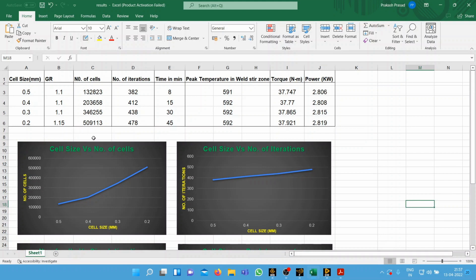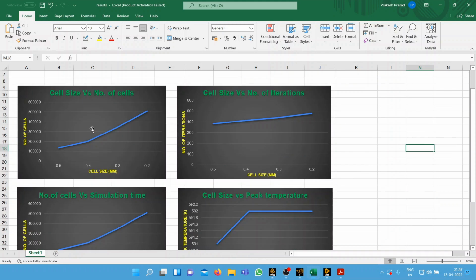I would have taken an even smaller cell size with even smaller growth, but it is not permitted in the student version, so I had to go with a growth rate of 1.15 with the element size of 0.2 mm. Below this I was not getting any result, because the number of cells exceeded the limit.